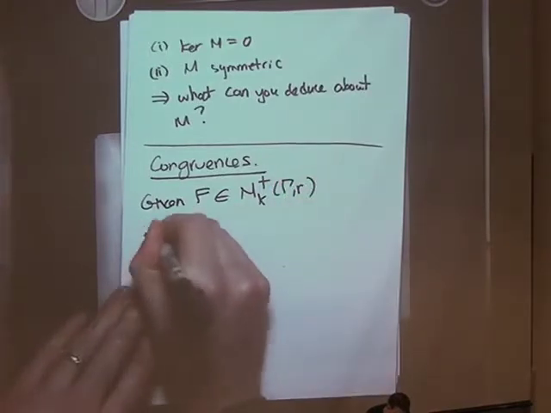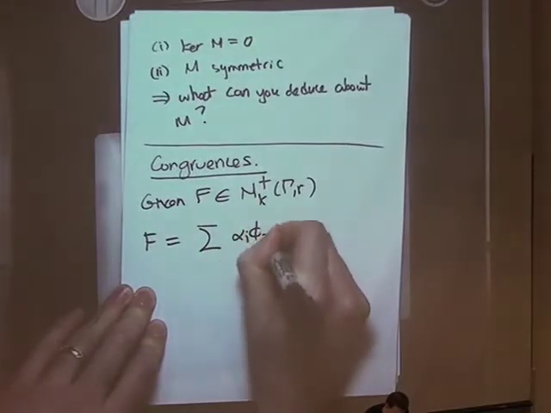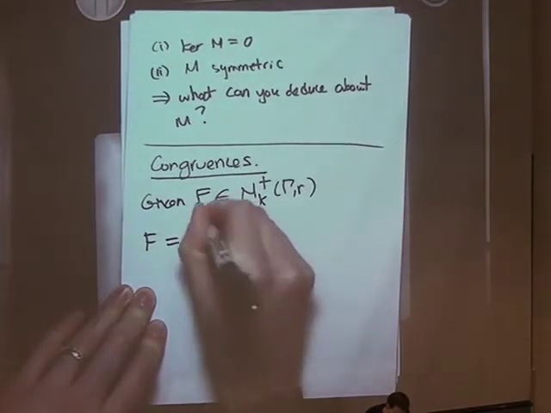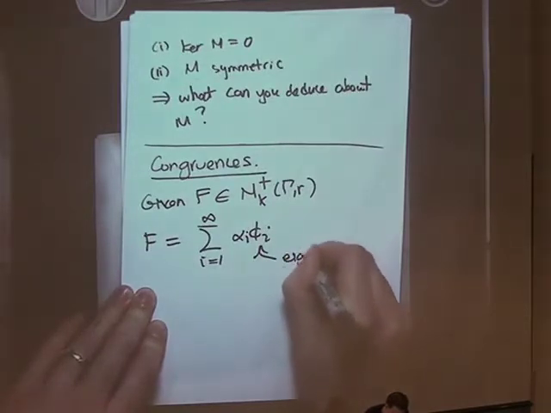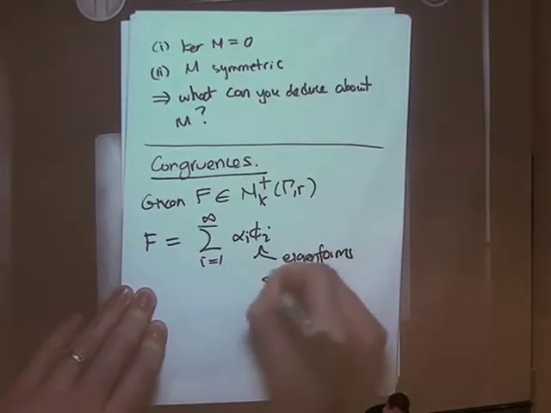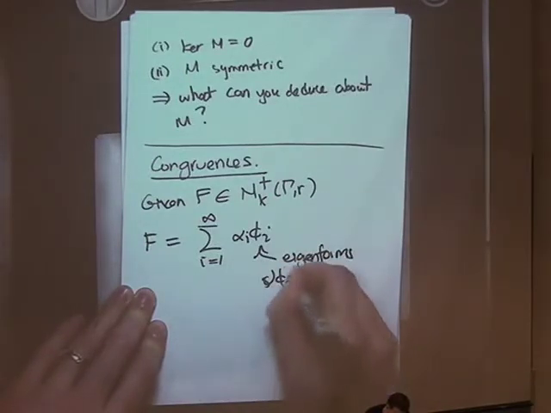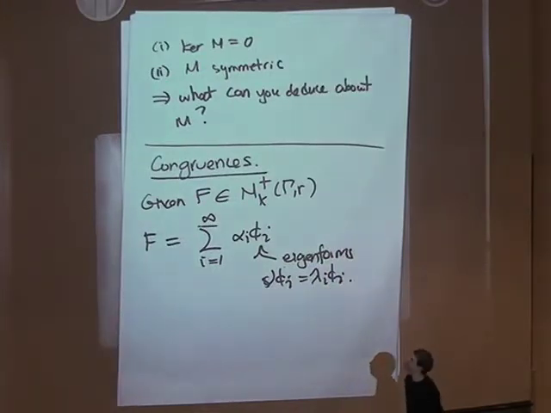We expect that F is equal to the sum of alpha_i times phi_i from i equals 1 to infinity, for these eigenforms, which have U v_i equals lambda_i v_i. So this is the hope.